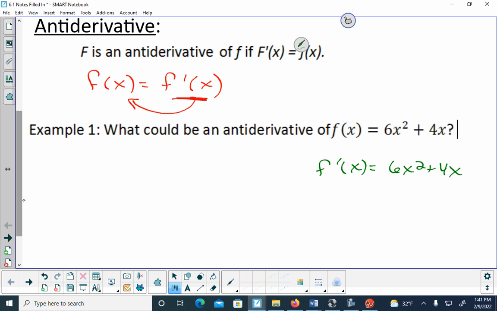I'm asking what I had the step before that. That's a typo. Grayson? 2x cubed plus 2x squared. Plus c. Well, if I put plus c, then it could be plus a negative or plus a positive.